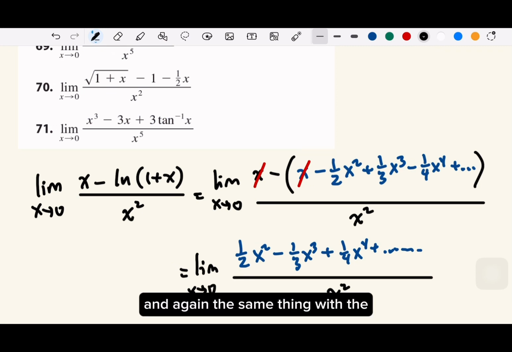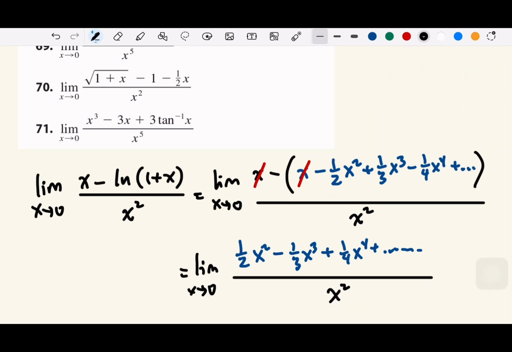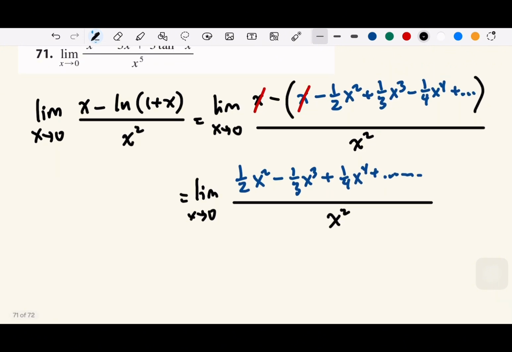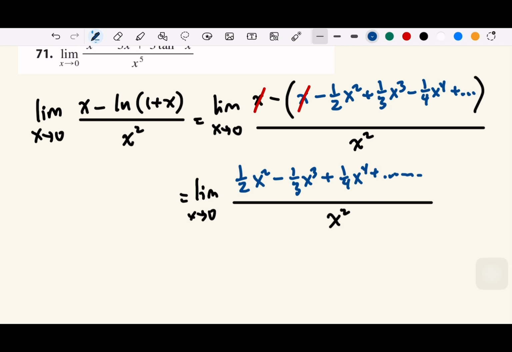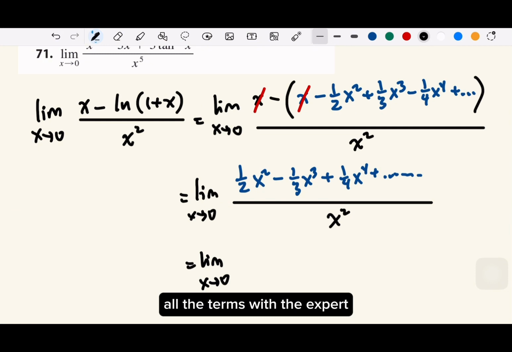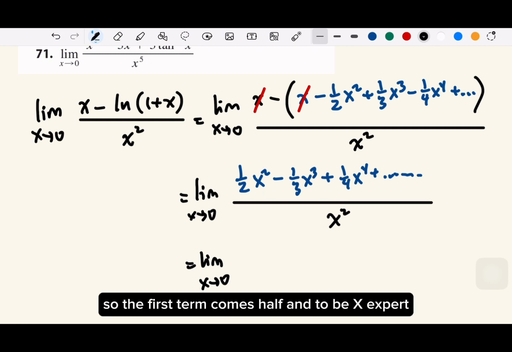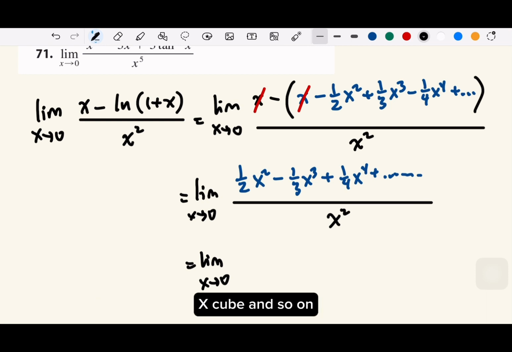And again, the same thing with the limit concept. So we can write the limit, and then we can just divide all the terms by x squared. So the first term becomes a half, and the rest will be x, x squared, and so on.